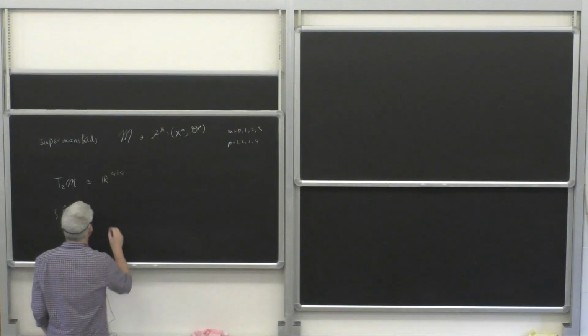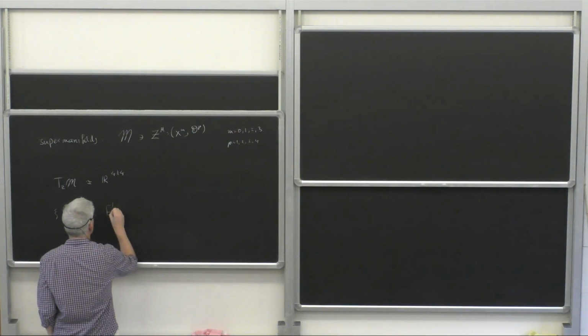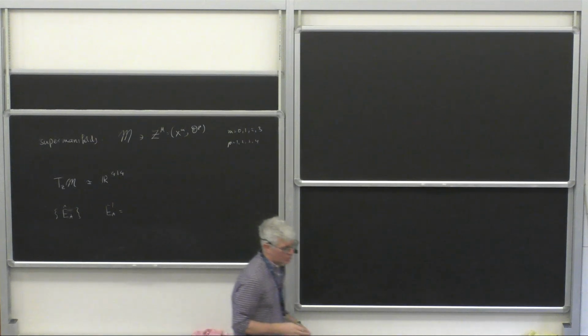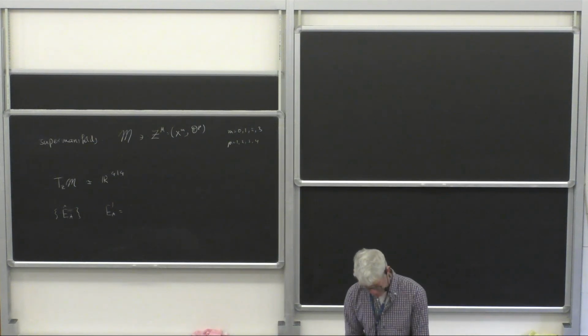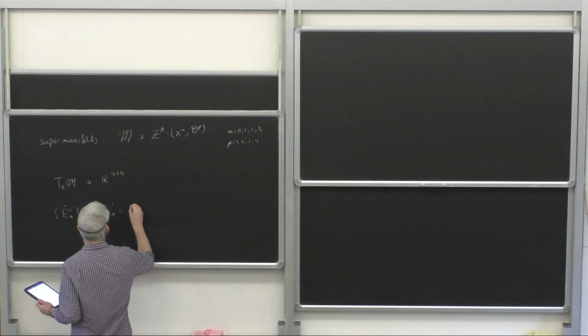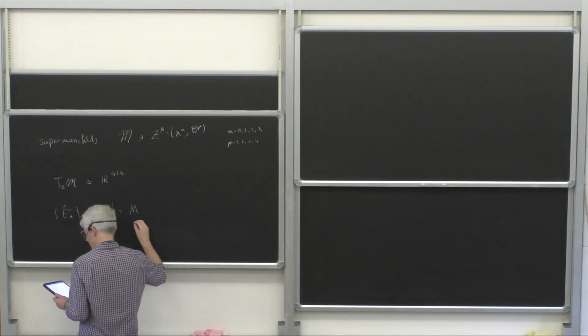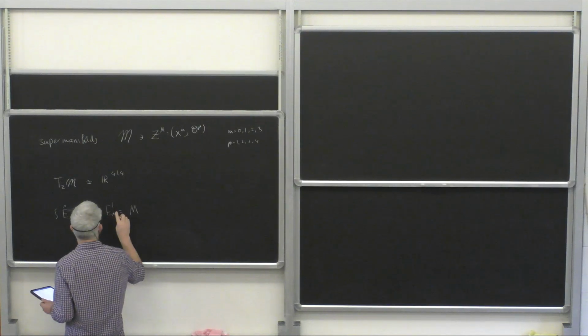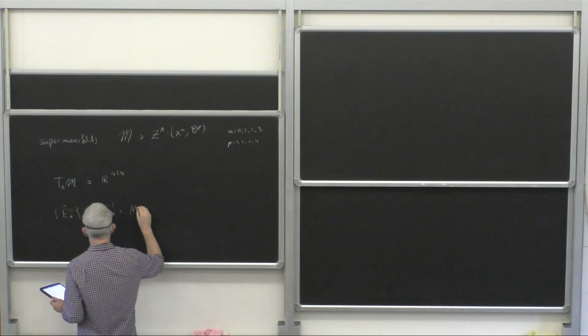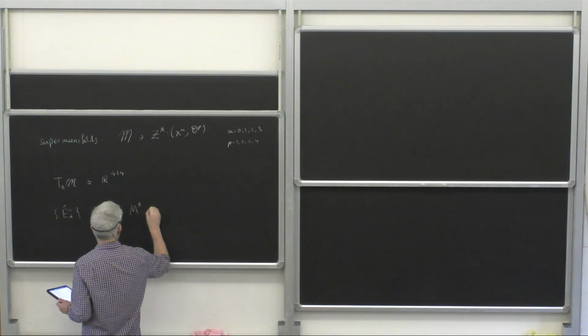If I have another frame, it's generally going to be some general transformation of the first frame, by some M^b_a.